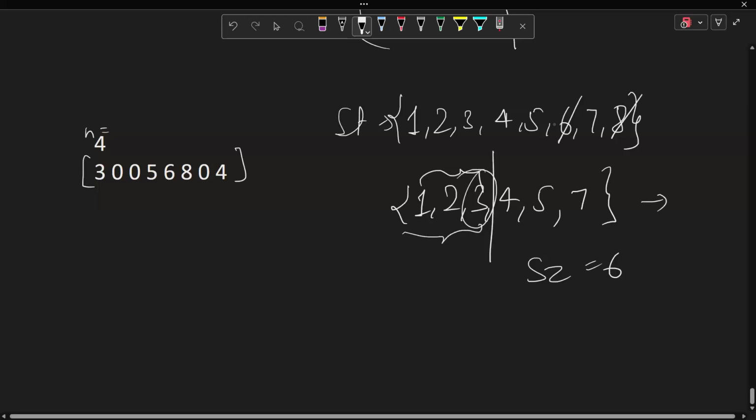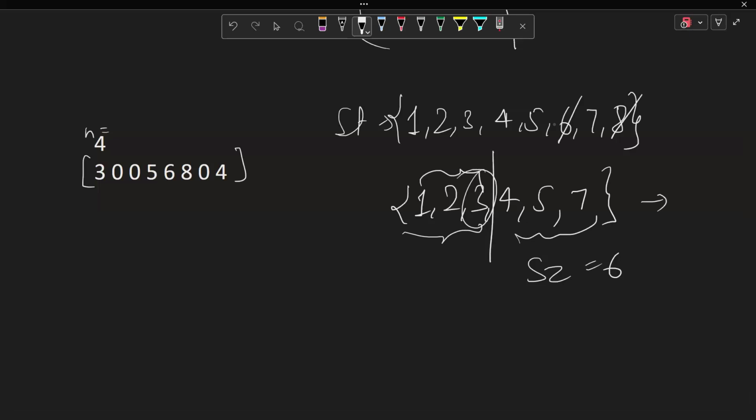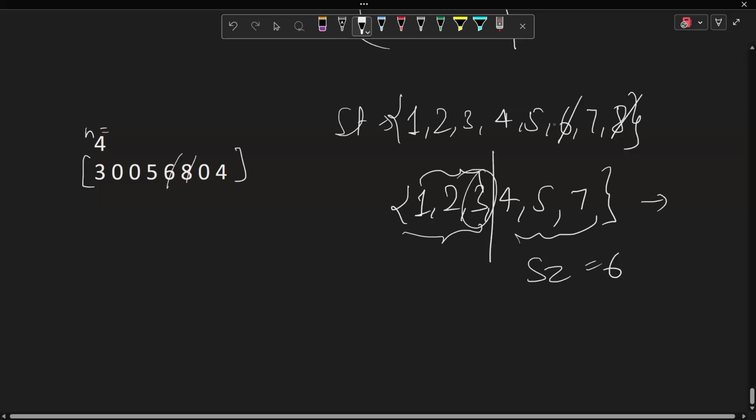These elements 1 2 3 fall in the lower range, 4 5 7 fall in the upper range. Now just do the thing that you did earlier. Check first, C lower, what you were computing, is initially 3, C greater is initially 3. Initialize them by size by 2, not by n.